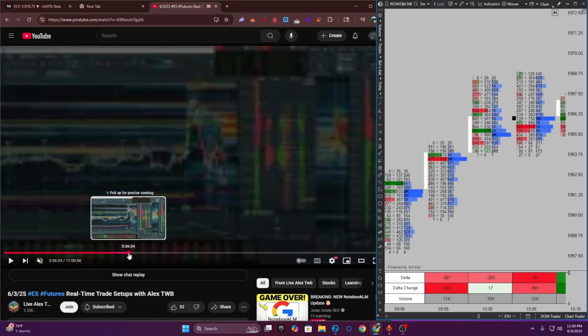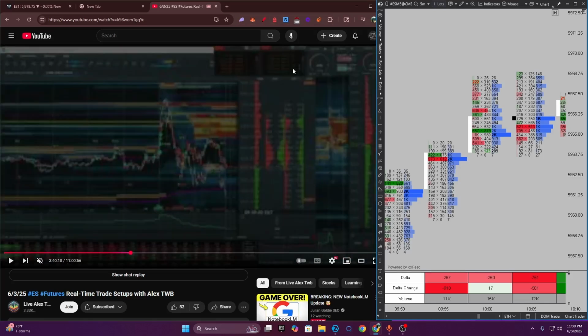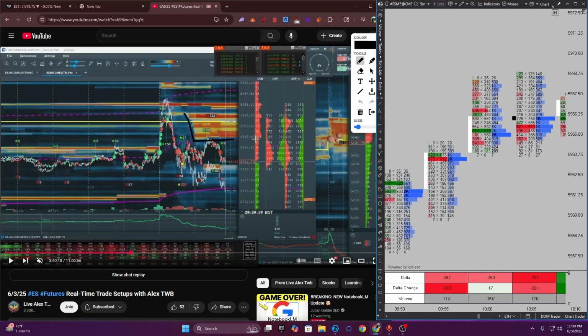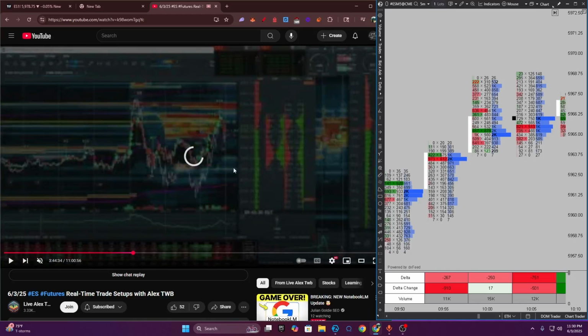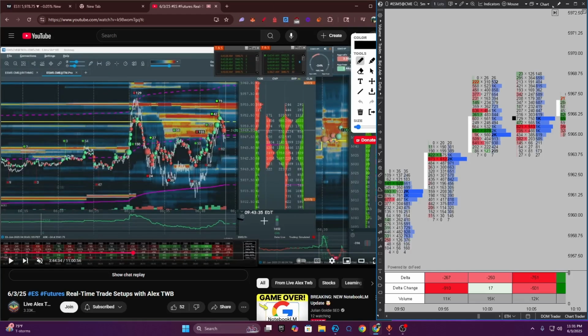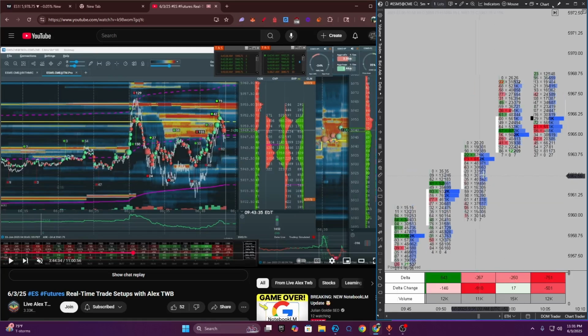But as you can see, nothing of that sort, because opposing barriers kept imposing themselves, which prevented price from continuing higher. But then aggressive buying came in right around 943-ish that broke through it, which honestly we could not have predicted using our strategy simply because there's no order flow insight at that area.